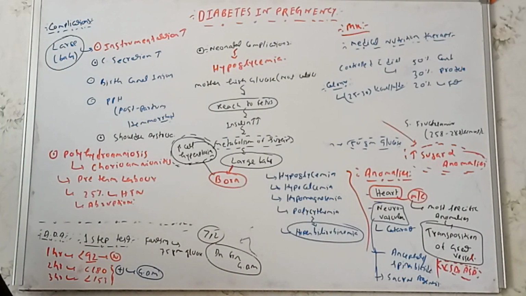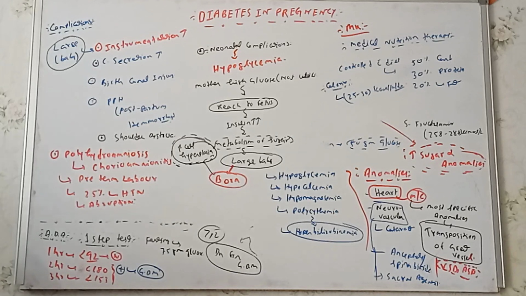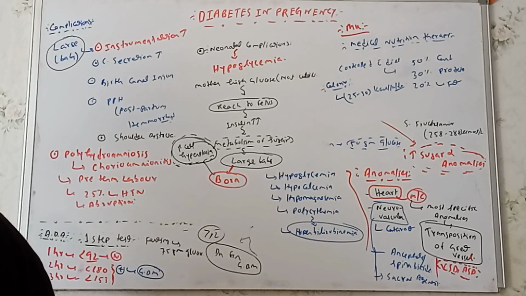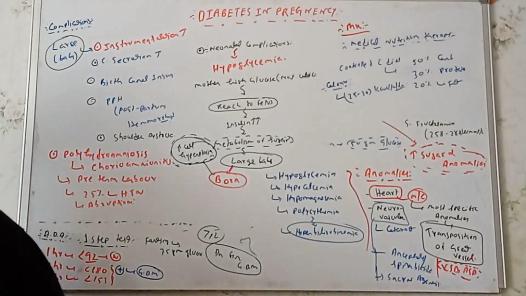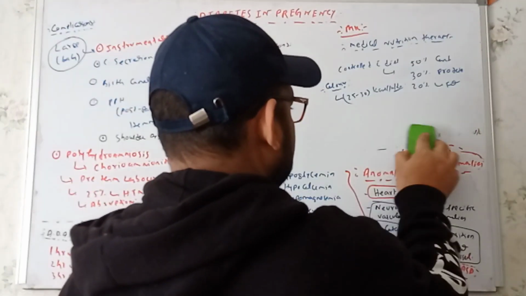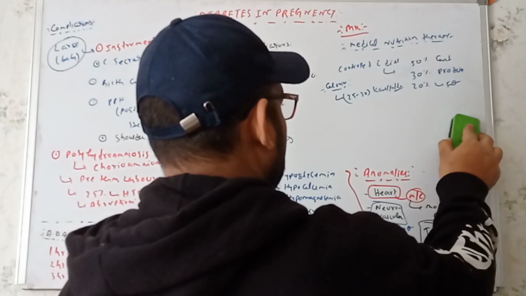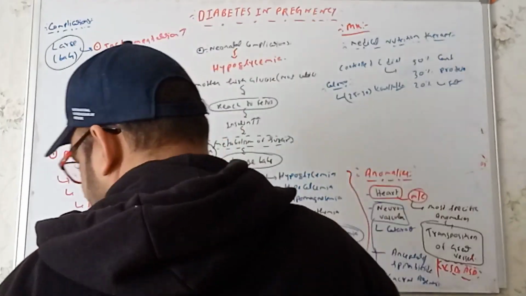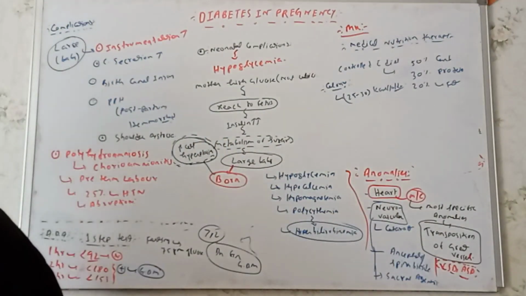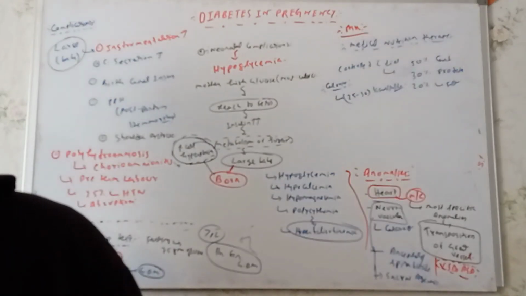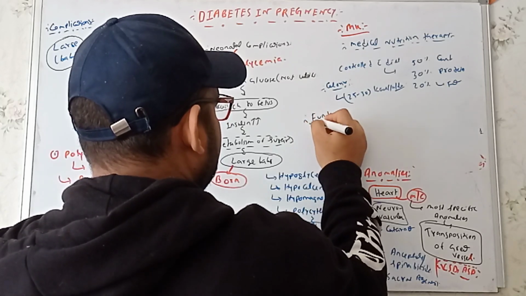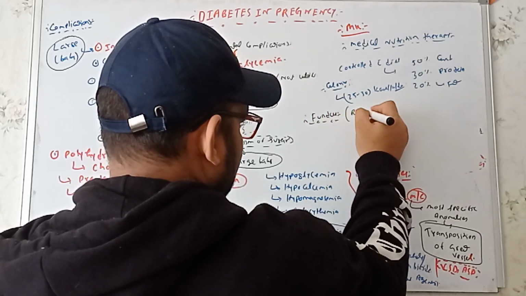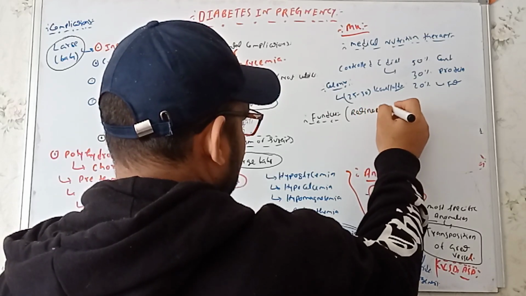Another important thing that I must mention is that we have to examine the fundus of the woman. In these cases we have to check the fundus of the eye, because we can see the development of retinopathy.